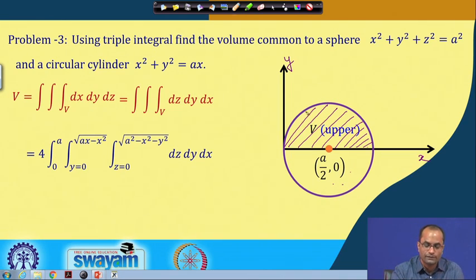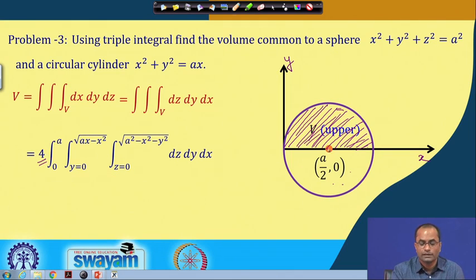So, overall if we just consider this upper half here, then we have to multiply by 4 to get the whole volume, because this will give us the half volume, because we are integrating in the half and that too upper half. So, it will be 1/4 of the total volume. So, we have to multiply by 4 here.